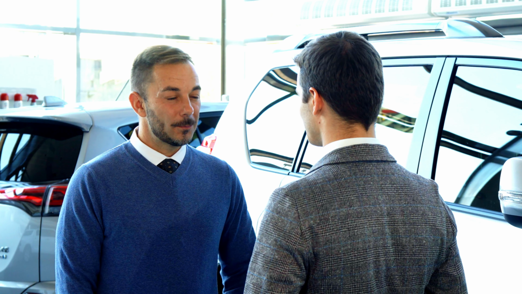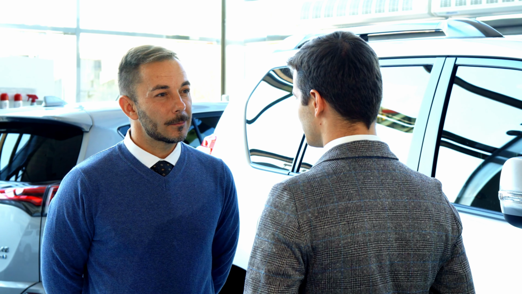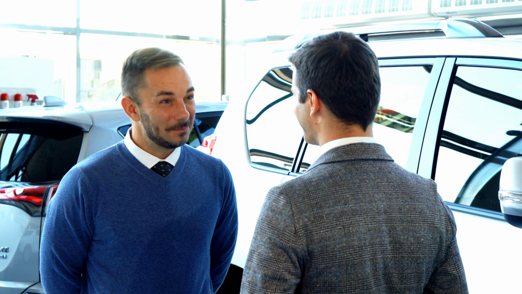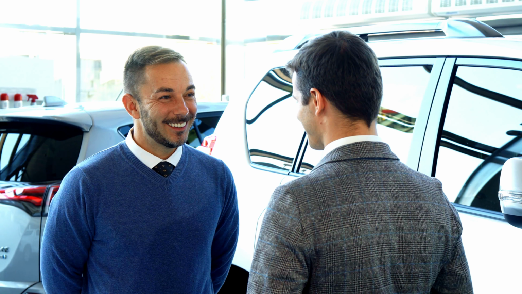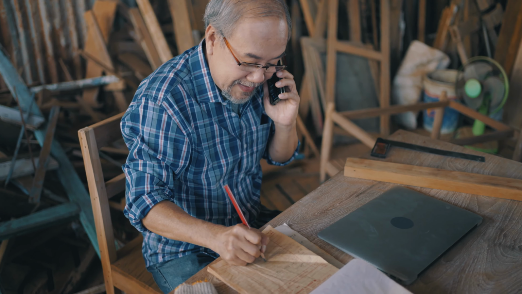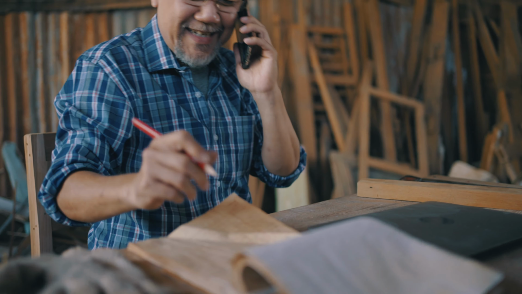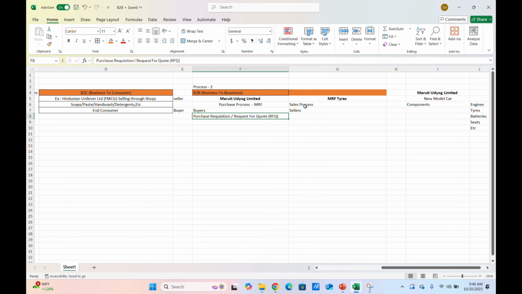Maruti Udyog Limited is going to raise this purchase requisition, and under this purchase requisition they mention that we need these specialized tires with this much quantity.